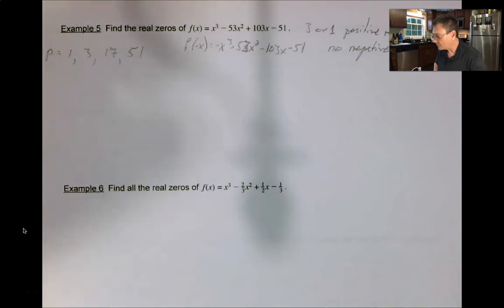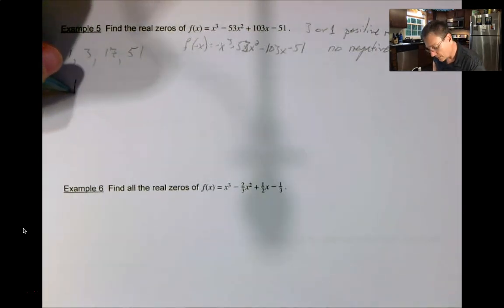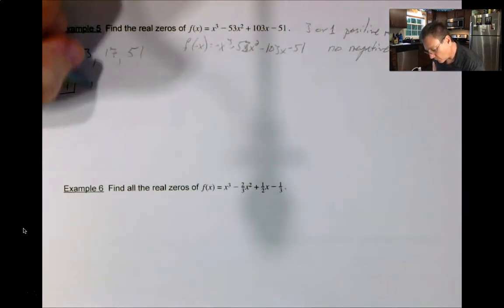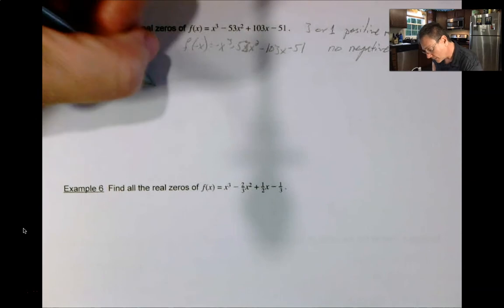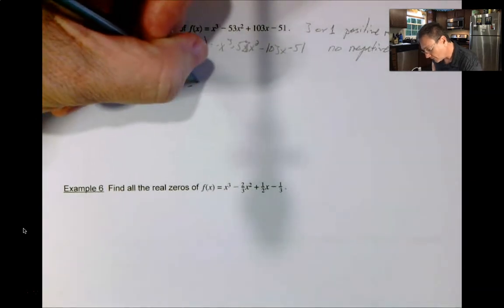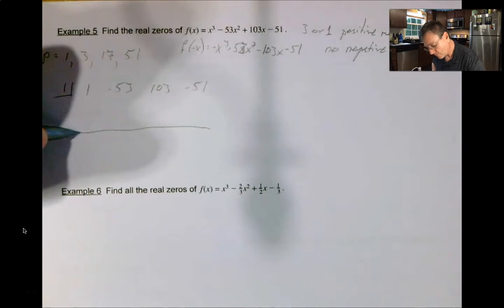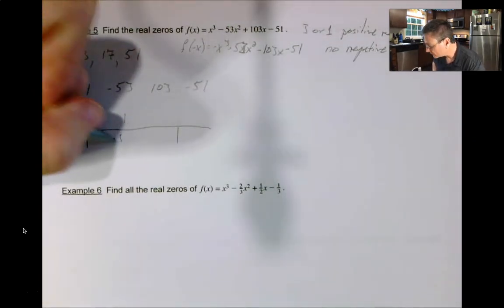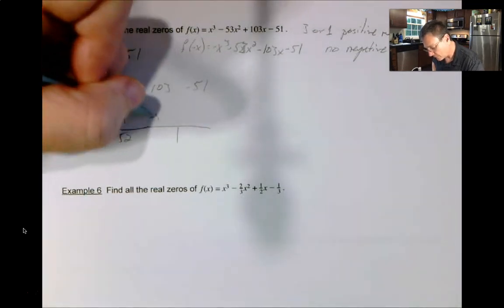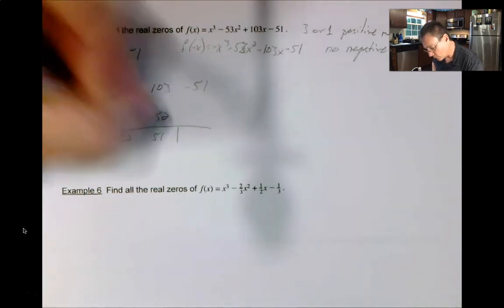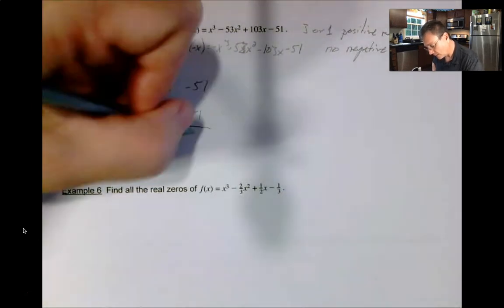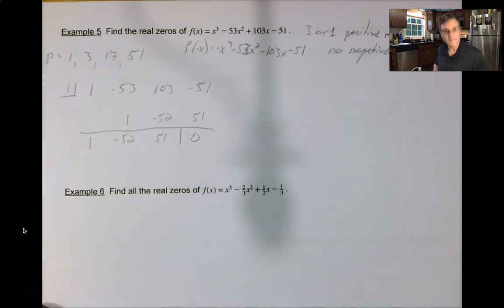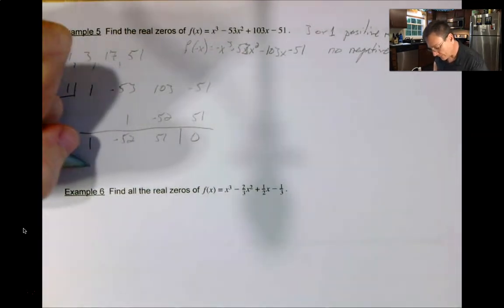So let's try the first one on the list, 1. 1, negative 53, 103, negative 51: 1, negative 52, positive 51, 0. We have found our first zero on the first try. And it's quadratic.